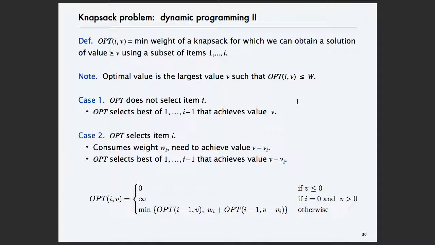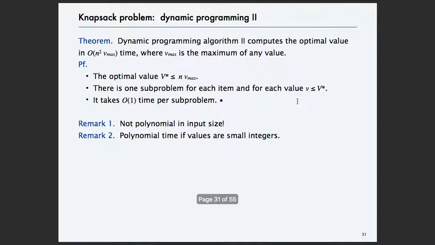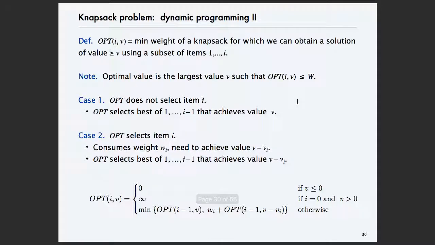What I can do is, let's see. An equivalent thing is this one, opt(i, V), which is the minimum weight of knapsack for which we can obtain a solution of value greater than or equal to V using a subset of items i.